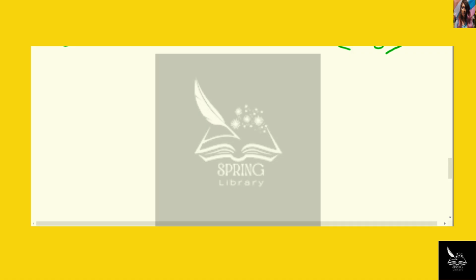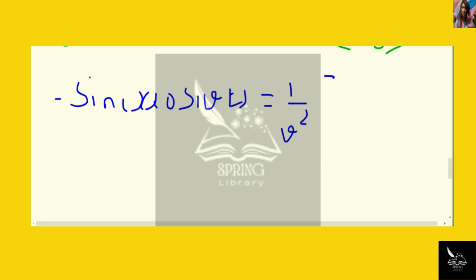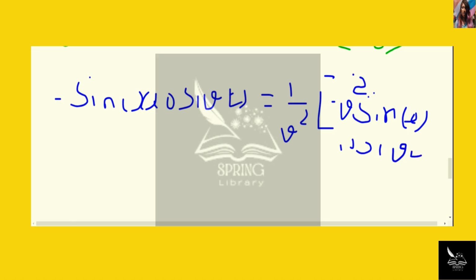Now substitute equation 8 and 10 into equation star. So we will get the answer minus sine of x cos of vt is equivalent to 1 over v square times minus v square sine x times cos vt, which will give the answer minus sine of x cos of vt.